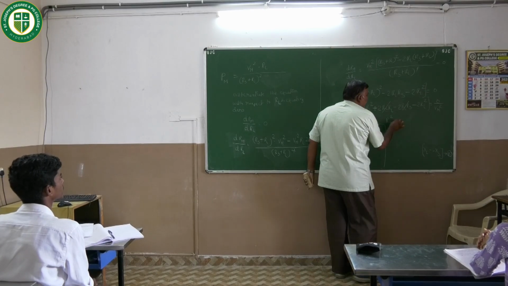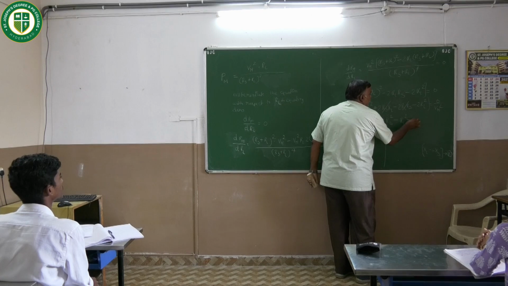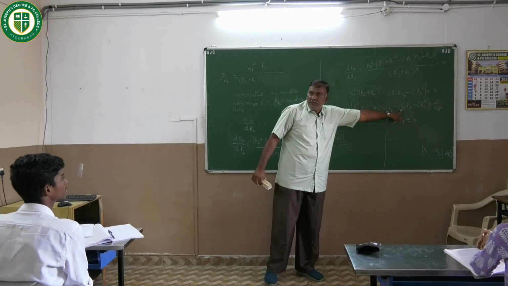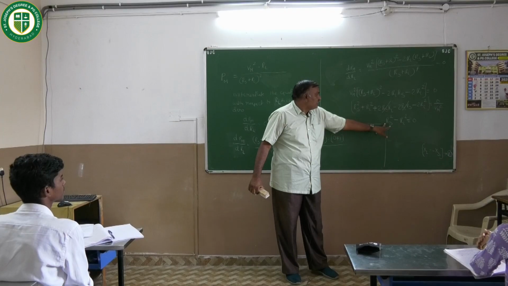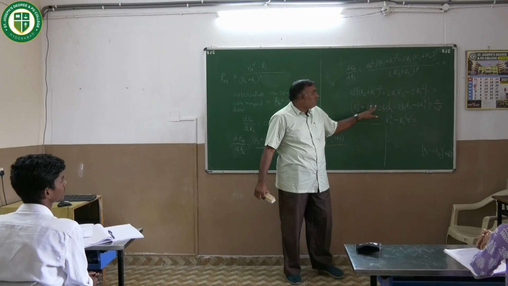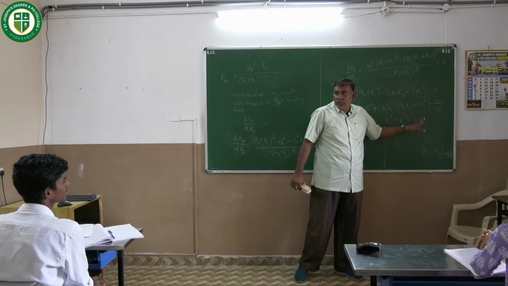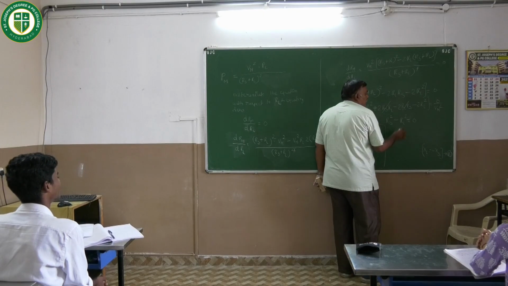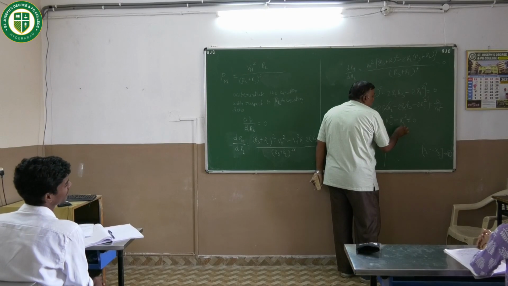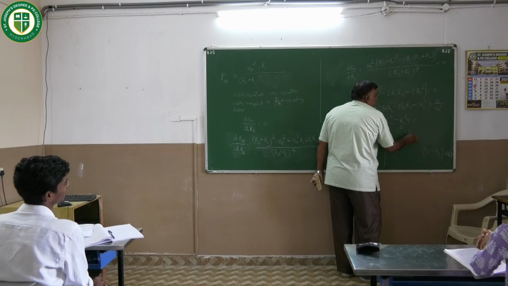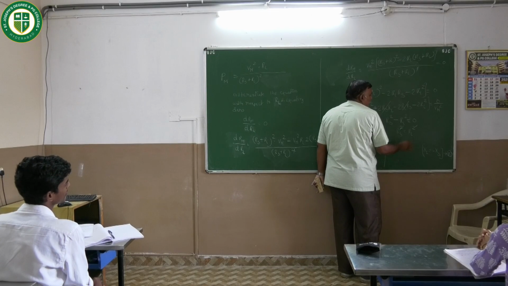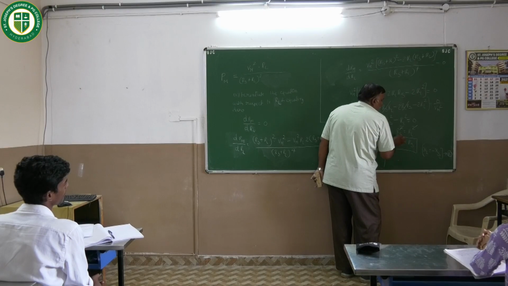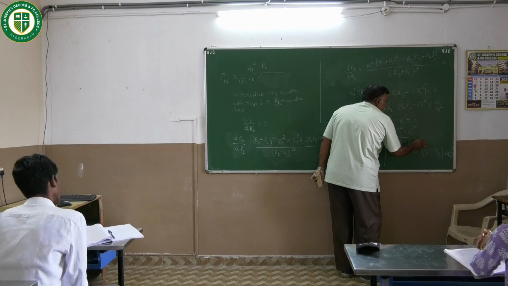So RS square, RL square minus 2RL square is going to be minus RL square, not 0. Then I can write as RS square is equal to RL square. Square gets cancelled. I can write as RL is equal to RS. This is my equation B.